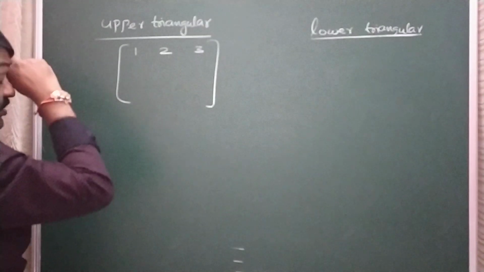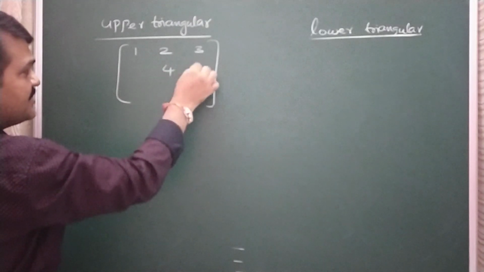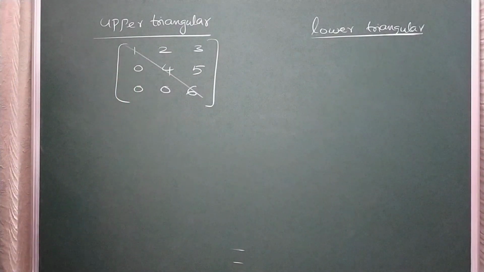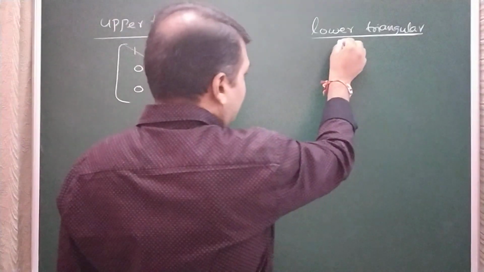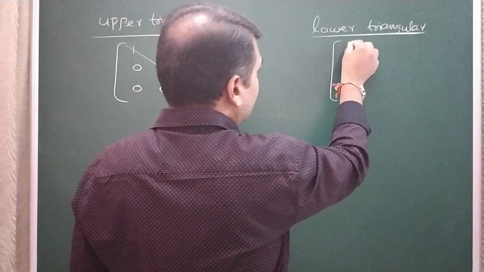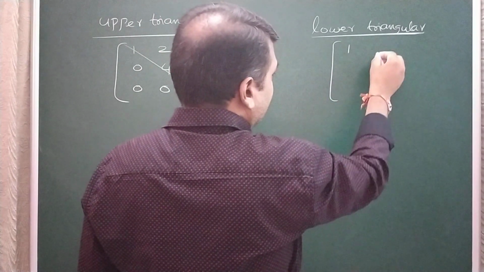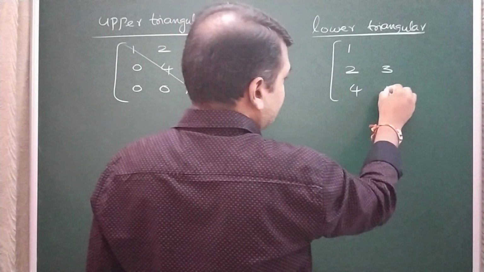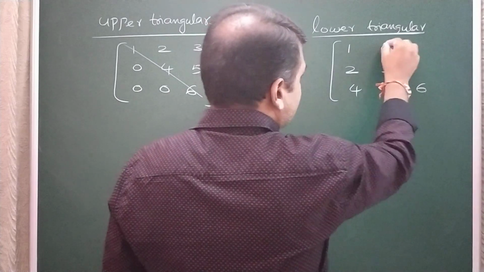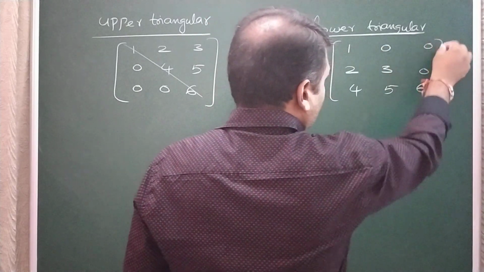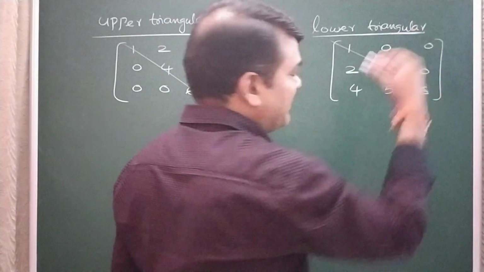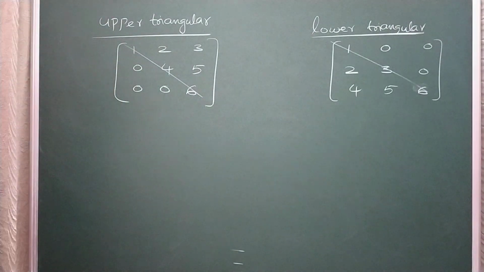So the matrix must be like this. Below the diagonal, elements must be zeros. If I am taking a lower triangular matrix, that means the elements above the diagonal must be zeros. This is a lower triangular matrix.